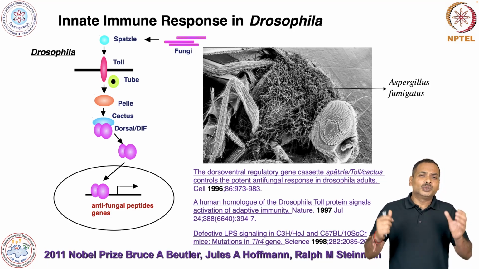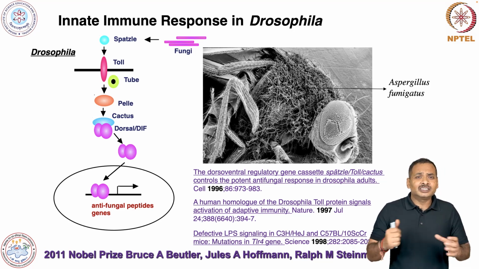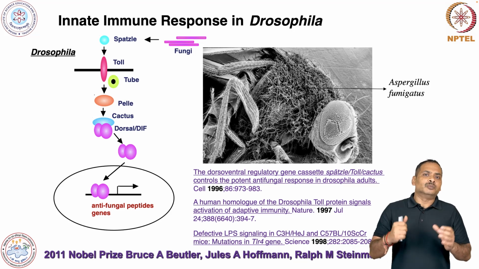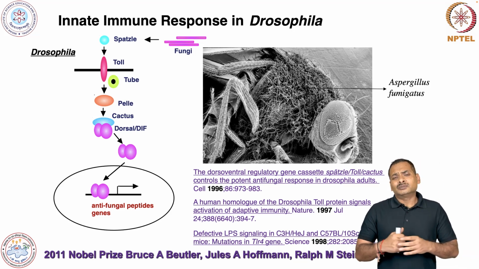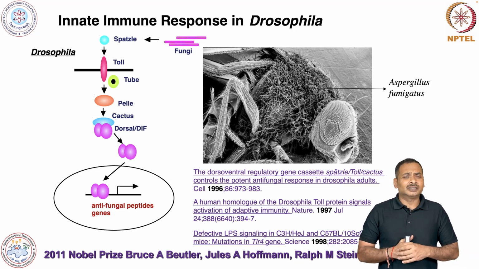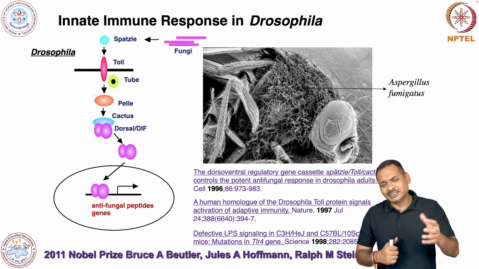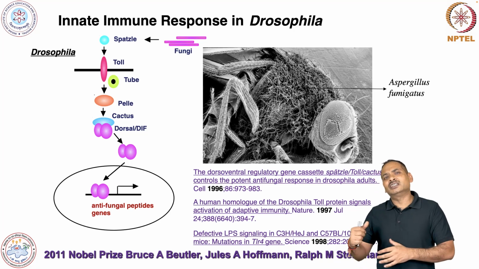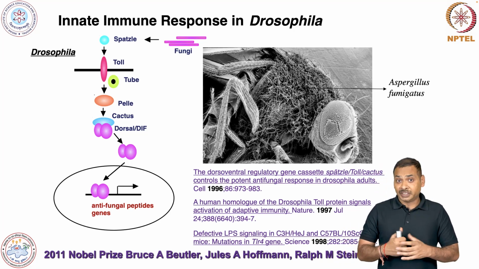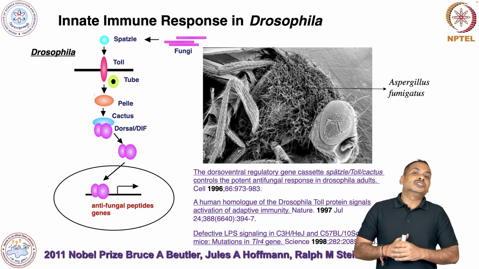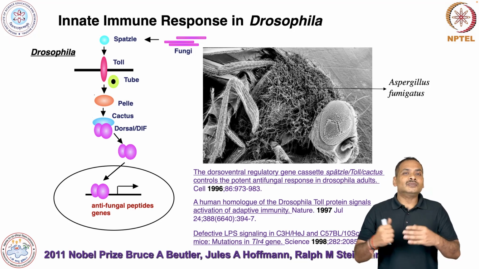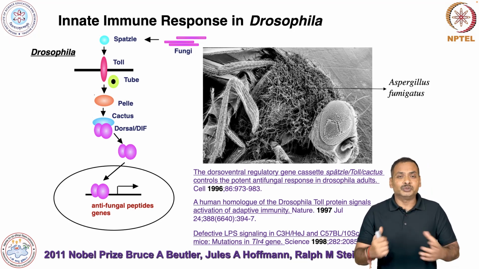Innate immunity has a specificity, which is quite broad, and it plays an important role in sensing and subsequent signaling, and development of innate immune response, which eventually results in the development of adaptive immune response.